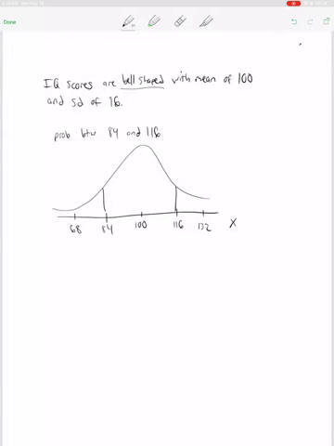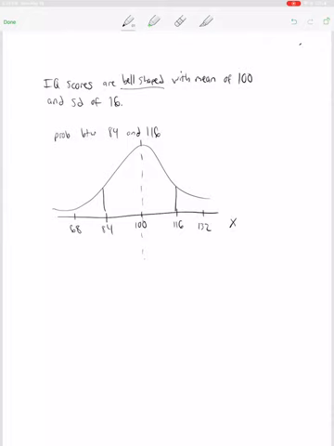Bell-shaped means it's symmetric around this middle line, and it looks like a bell. And so it is, and so I can use the empirical rule to say something about the percent of observations which are between two points, which for our purposes is kind of the same thing as probability.